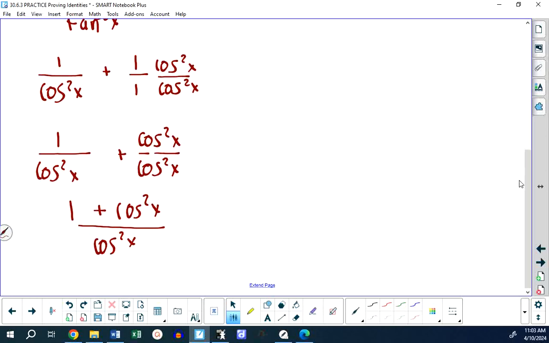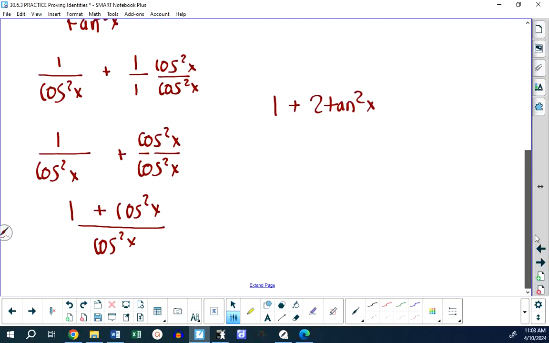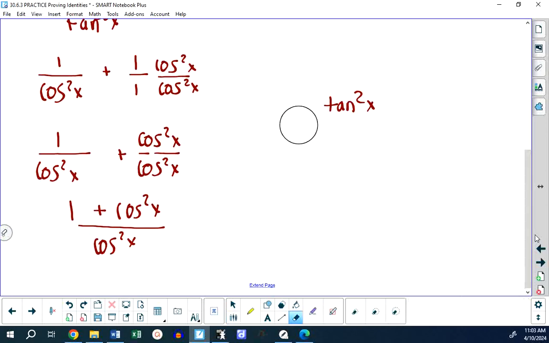As I said this morning to a couple people, if we take this path, we're at the end of the road. There's nothing else you can really do with this left-hand side anymore. So it's time to do something to the right-hand side. And the right-hand side is, help me out here, 2 plus tan squared.